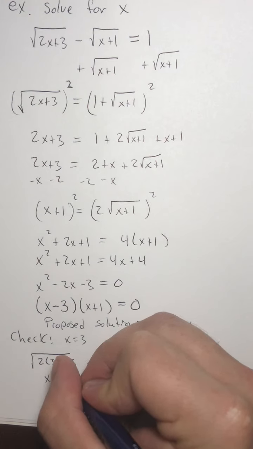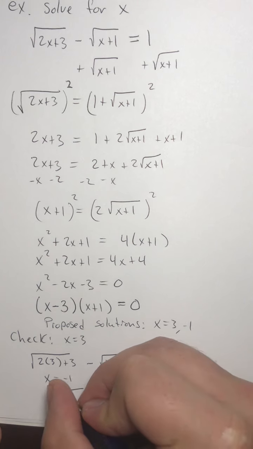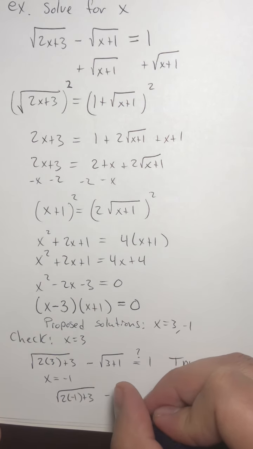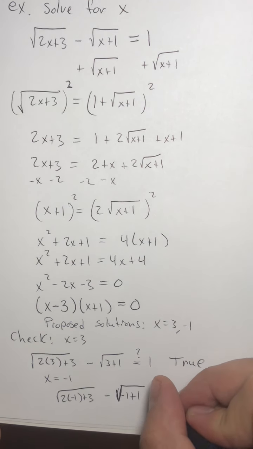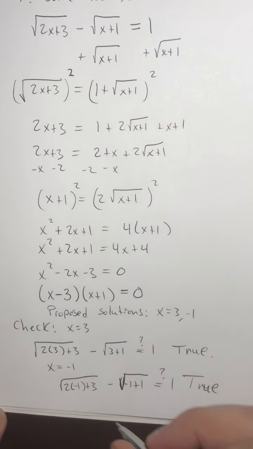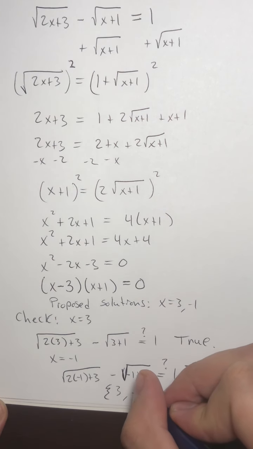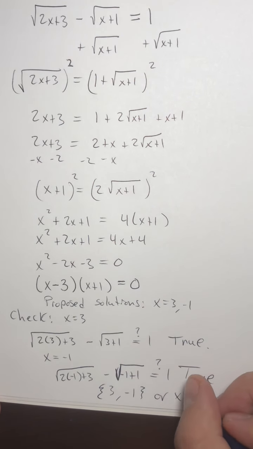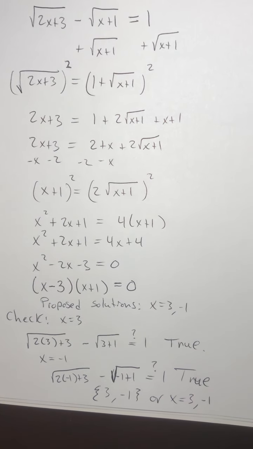Then when we check x equals negative 1, plug that back into the original. This does also give us a true statement. So the solution set in set notation is 3 comma negative 1 in the curly brackets, or just x equals 3 comma negative 1.